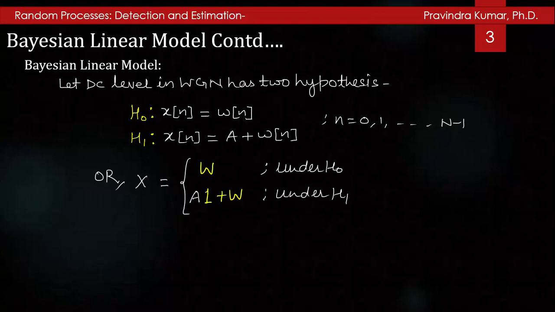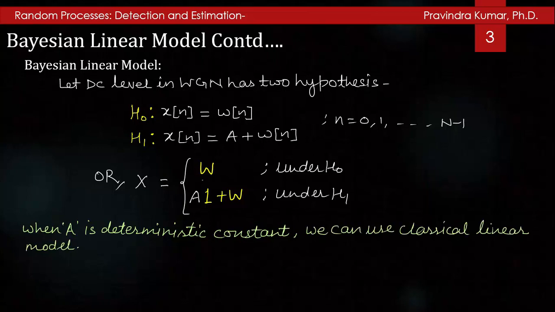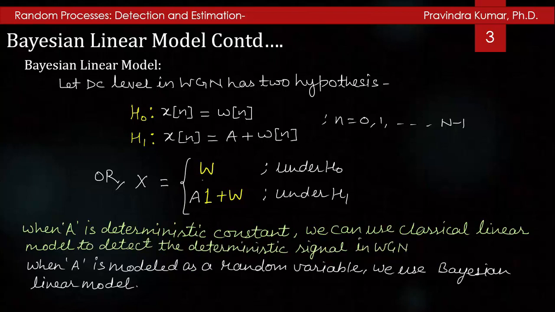Or you can say x under hypothesis H0 is omega, and under hypothesis H1 you can write it as A1 plus omega. When A is a deterministic constant, then we can use the classical linear model to detect the deterministic signal in white Gaussian noise. And we have already discussed this classical linear model in lectures 19 and 20.